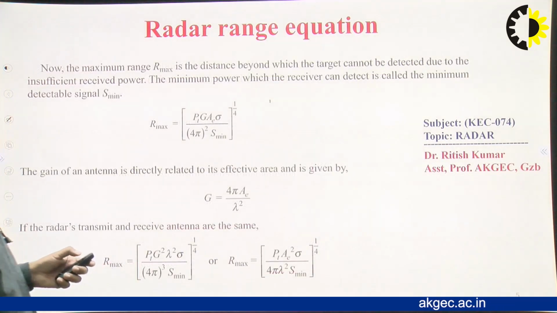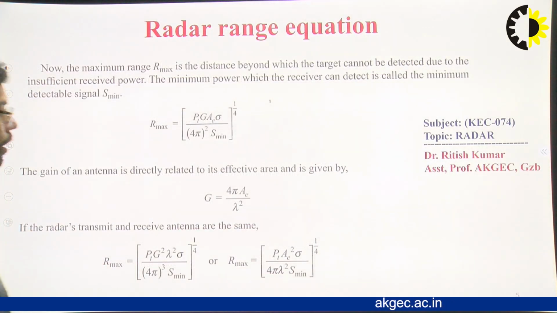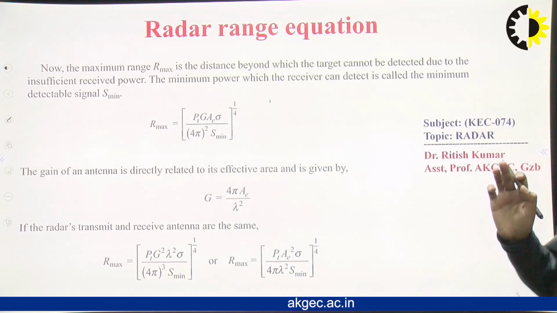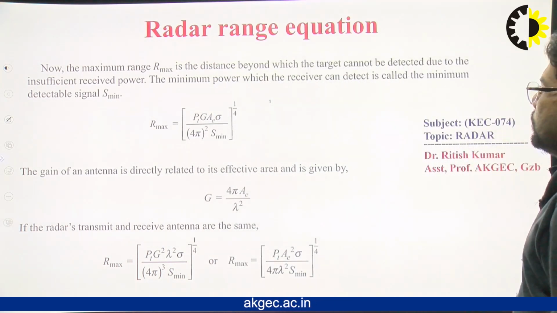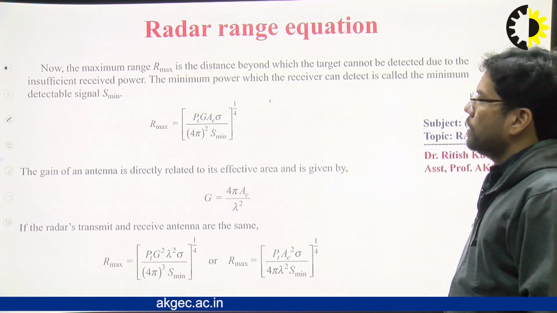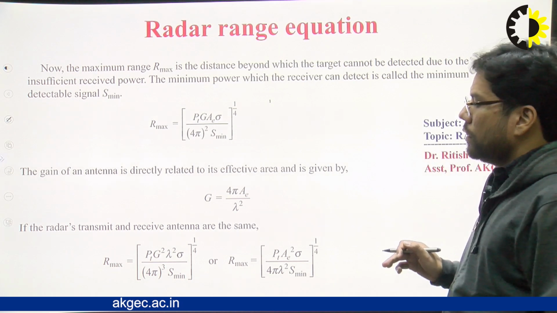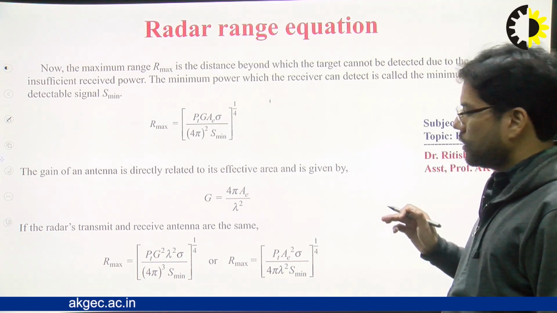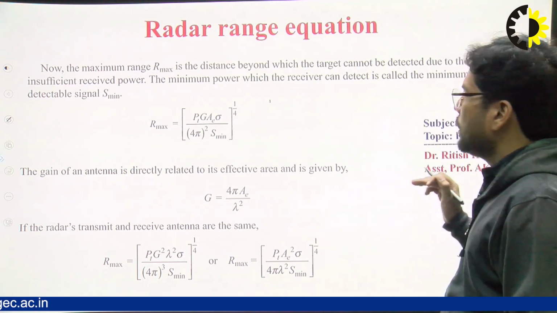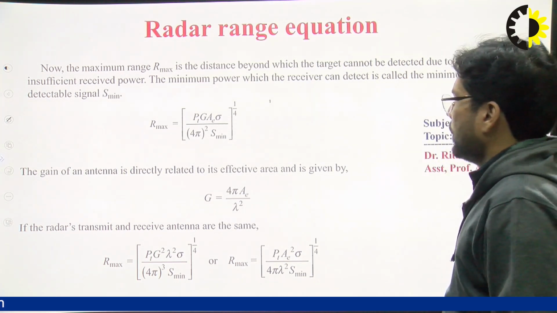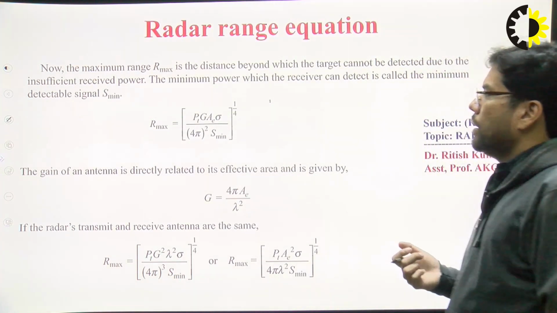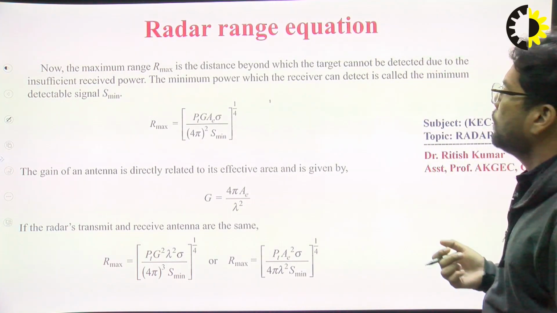Now the thing is, how much range can we detect? That is the maximum range of the radar, in terms of the minimum detectable power that we can receive through the receiver. That range is known as the maximum radar range.